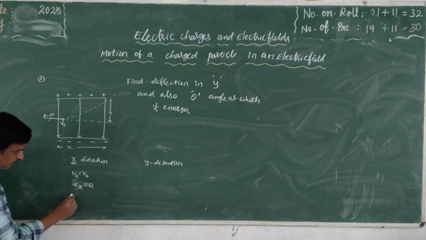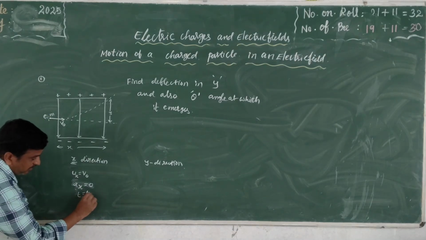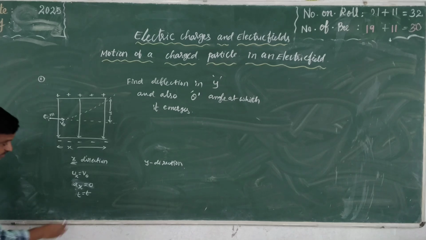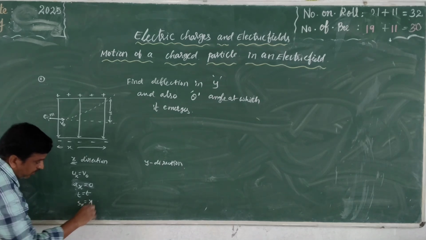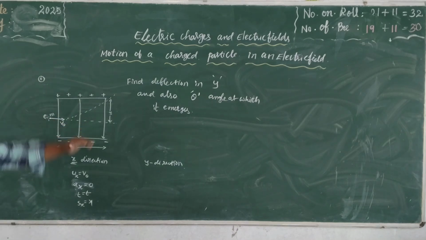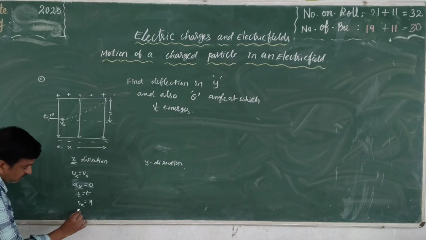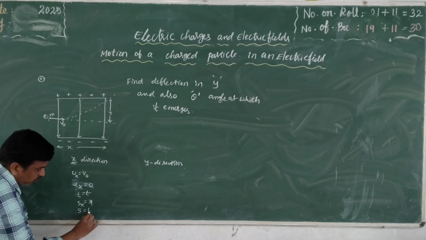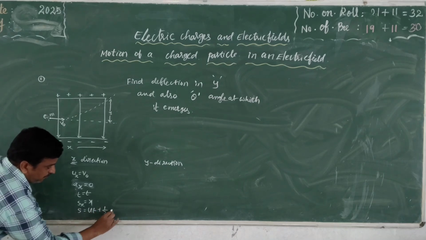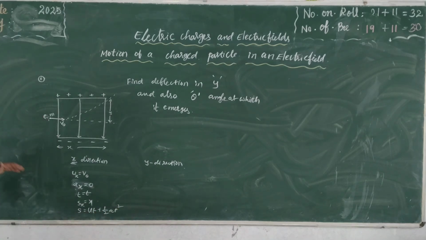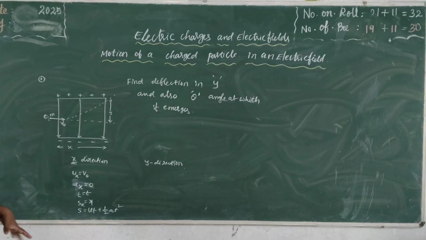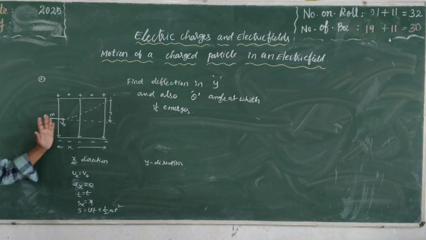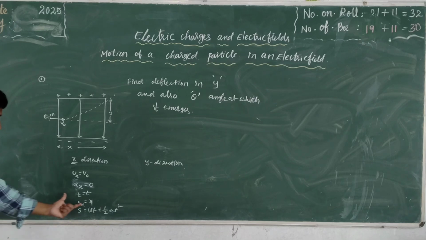The time is t, and the displacement along the x axis is x. In this case we can write s equal to ut plus half at square. The acceleration along the x axis is 0, the initial velocity is v naught, the time taken is t, and the displacement is x.